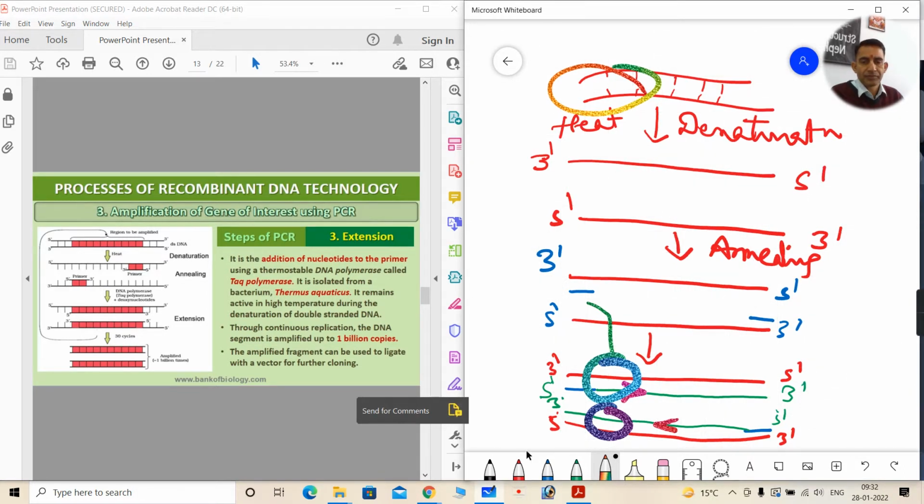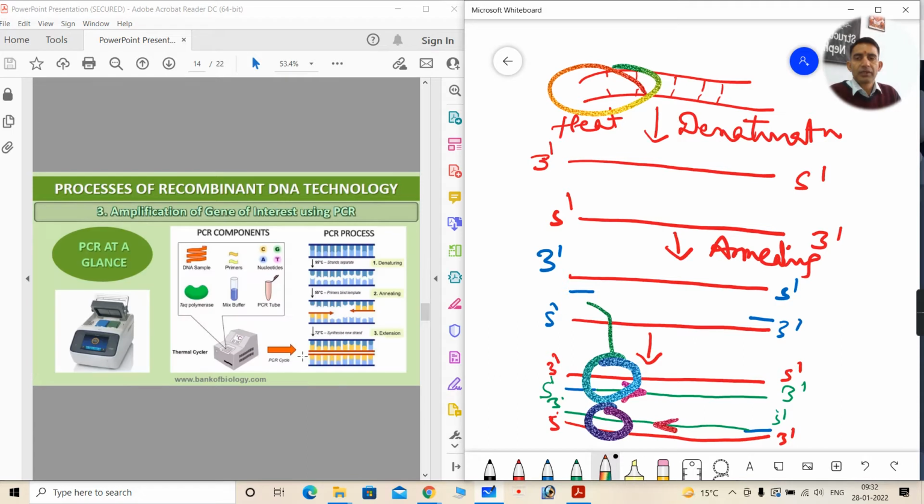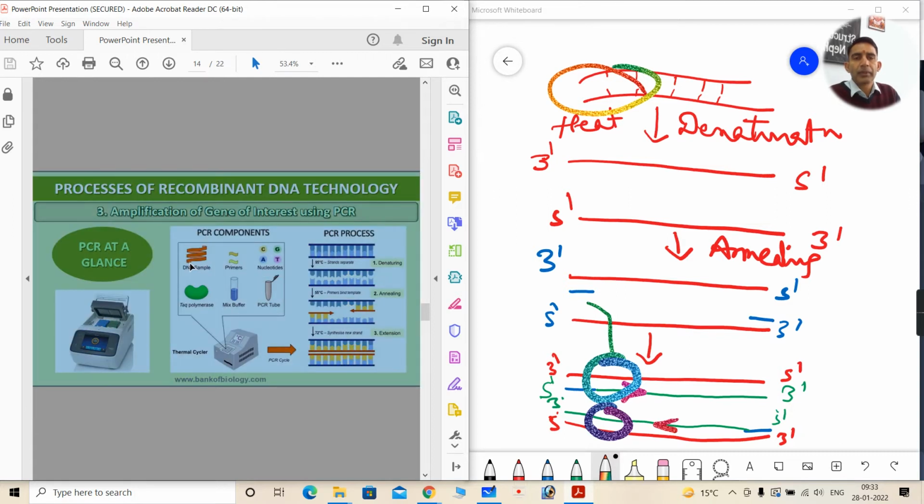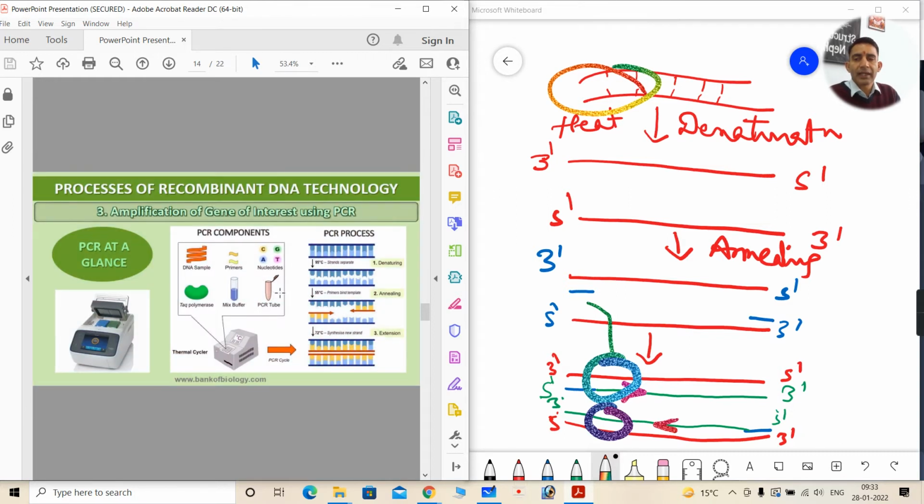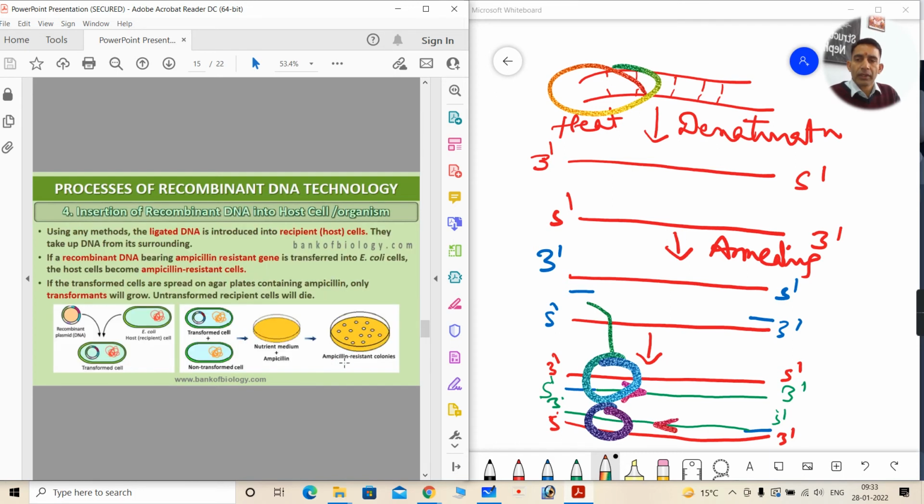This is the thermocycler machine, shown here, where we are adding the nucleotides, primers, the DNA sample, Taq polymerase, and buffer to maintain the pH, and the process will be followed one by one.